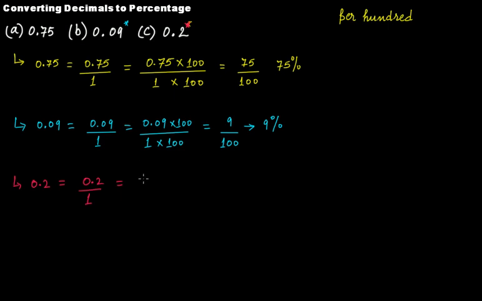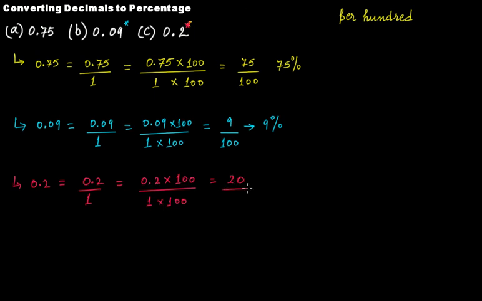And we have to get a fraction having the denominator as 100. So 0.2 times 100 and 1 times 100. If you multiply this 0.2 with 100, what do you get? You get 20, right?